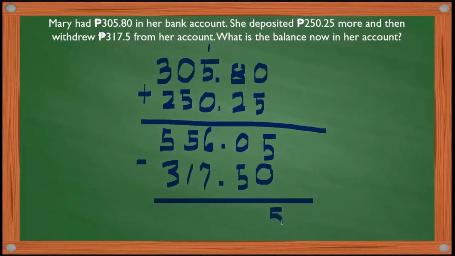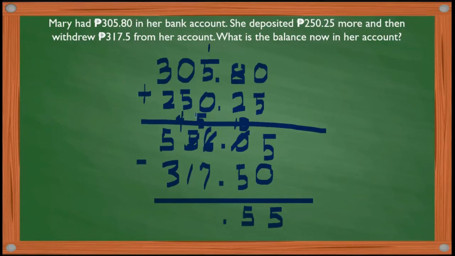So, 5 minus 0 is 5. This is 0 minus 5 is cannot be. So, we need to borrow 1 from 6. It will become 5. So, ito ay magiging 10. And then, 5. And then, 5 minus 7 is cannot be. So, we need to borrow again 1. From 5, it will become 4.